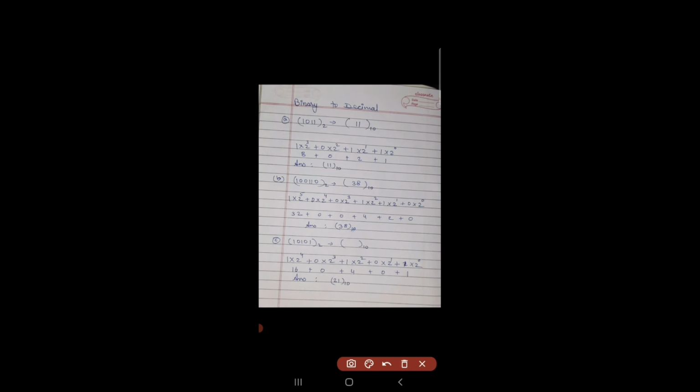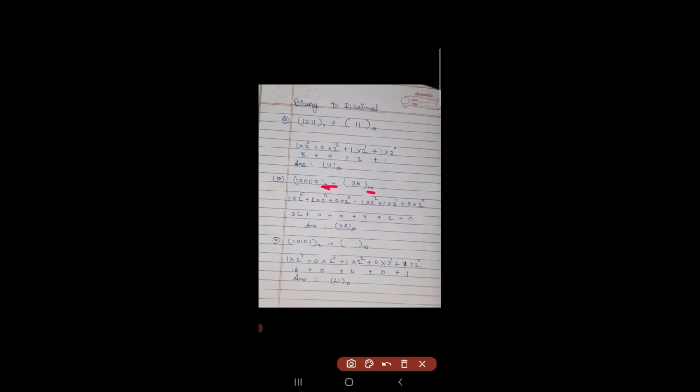Okay children, so here you have to write 11 in the bracket. As it is written here, 2, that is the binary number, is to be converted into a decimal number, that is 10. Part B is 100110. It is a binary number to be converted to decimal.